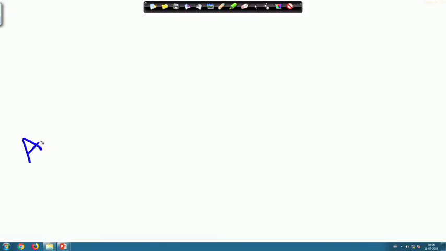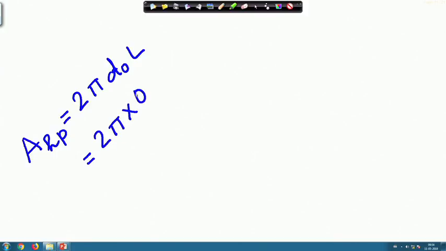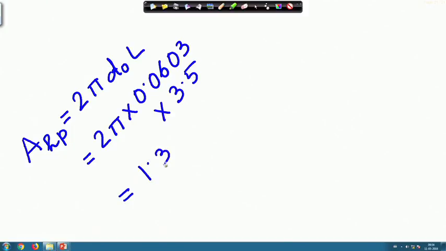So, per pin, the area of hairpin for each one is 2 pi d_o into L. So, this is nothing but 2 into pi into 0.0603, and we have the L given as 3.5 meter. So, this will be about 1.325 meter square.